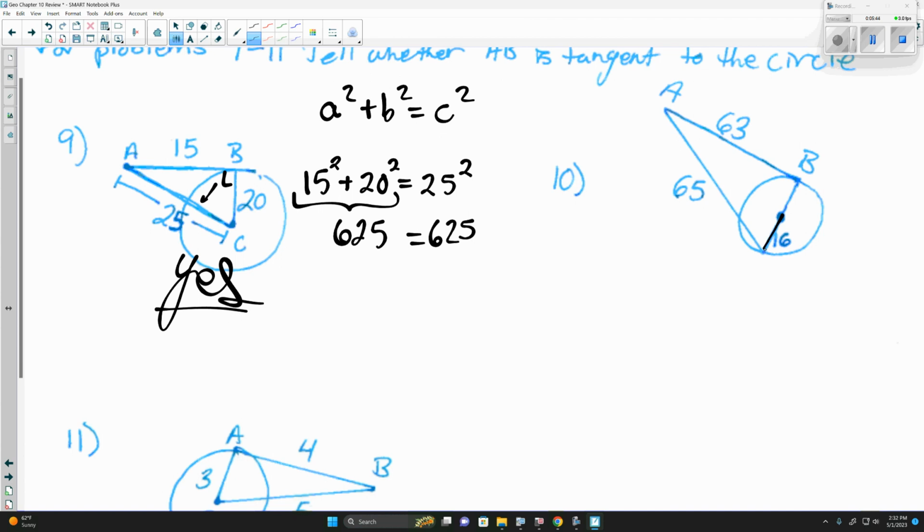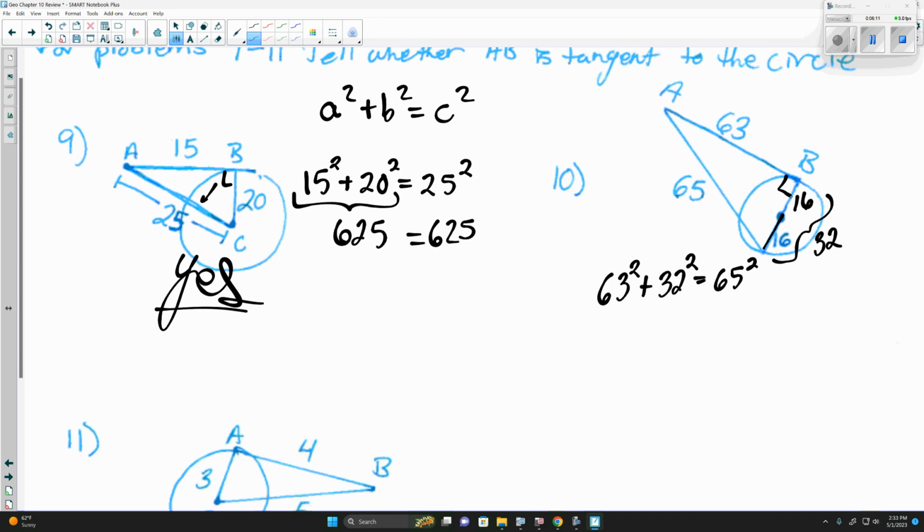Now, number 10, we're told that the distance from the center to a point on the circle is 16. That means the other side is also 16, making the whole side 32. So what we're saying here is that 63 squared plus 32 squared should equal 65 squared. Because again, point B in this case is our point of tangency, which means we should have a right angle there.